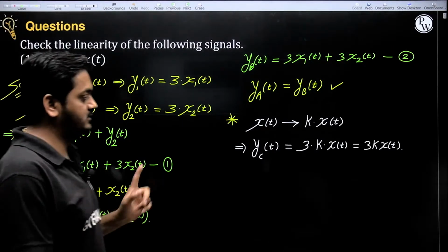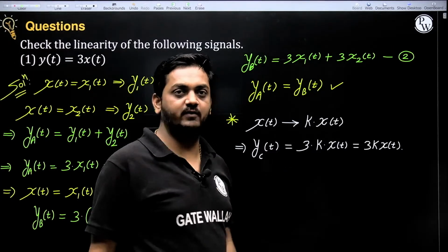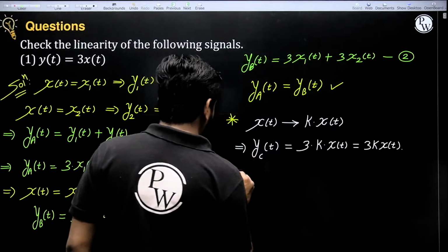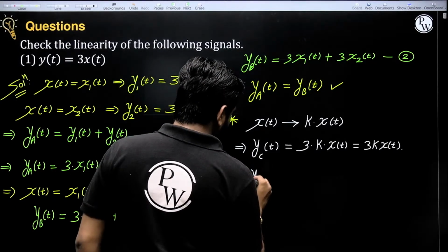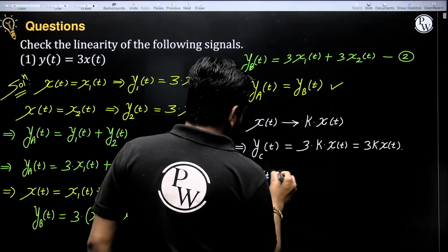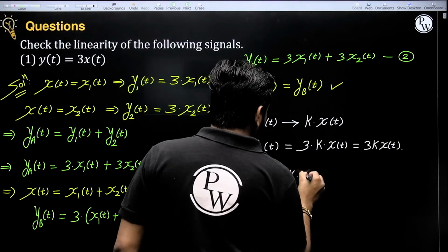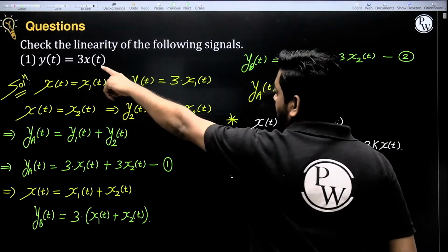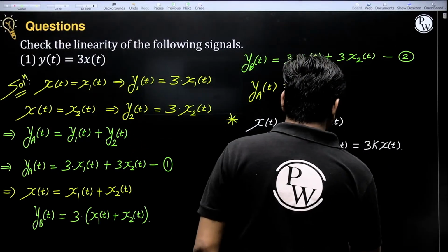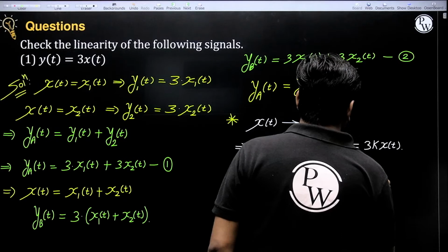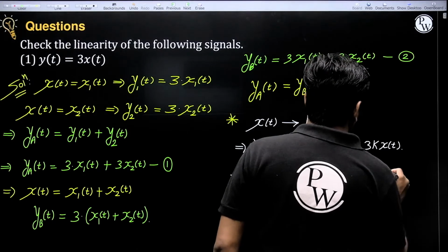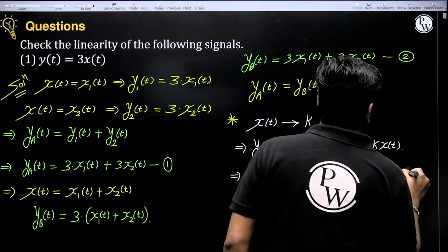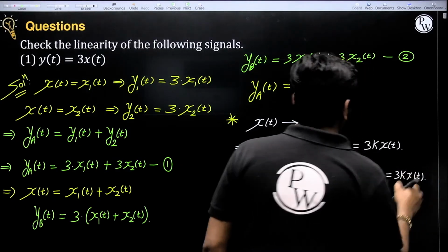Now find the scaled output with the same scaling factor. So yd of t is equal to k into y of t. K into y of t means simply multiply k with 3 x of t, that is 3k x of t.